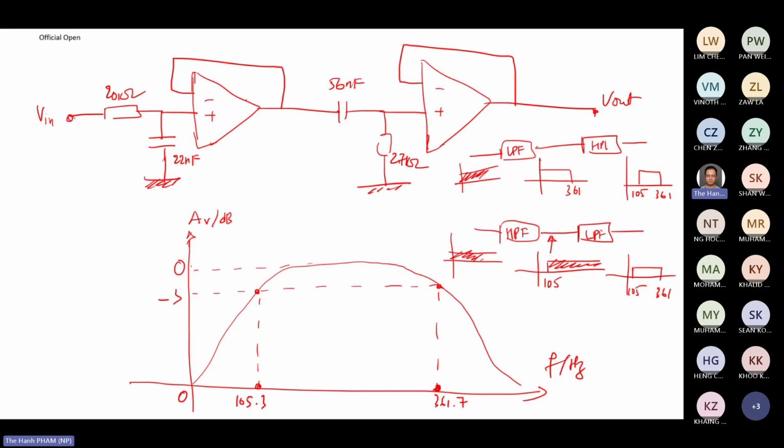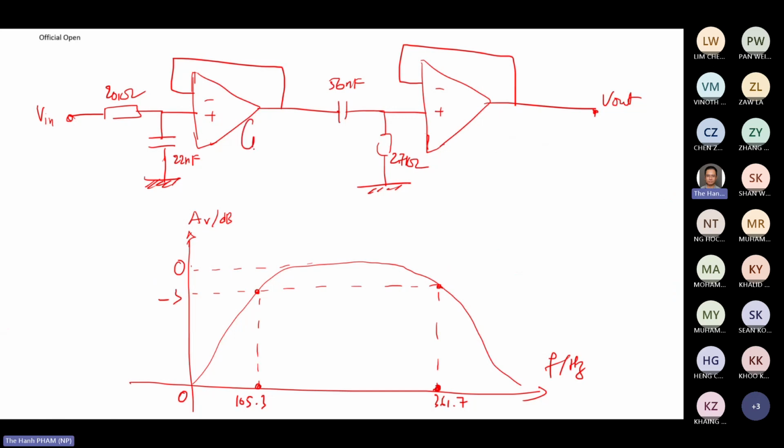But suppose you desire to have some gain here, and you have another gain here. So for example, this one you desire to have like 10 times, by having some resistor.